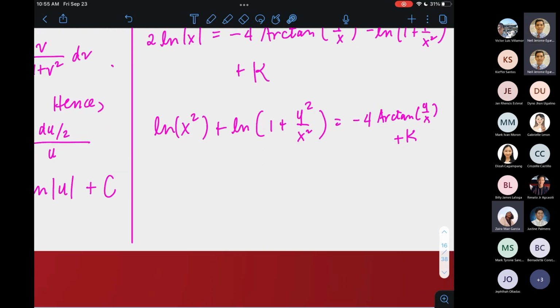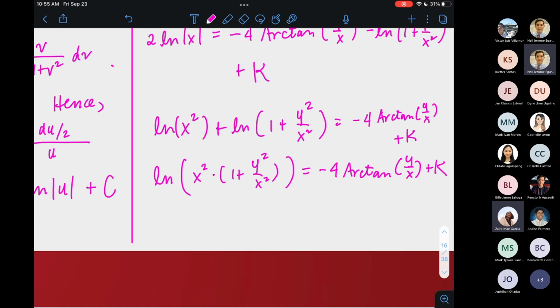Tapos dito, pwede ako mag-loss of exponents. Remember, this will be ln, or the logarithm of a sum is the ln of the product. Okay, so this will become x squared times 1 plus y squared over x squared equals negative 4 arctan ng y over x plus k.